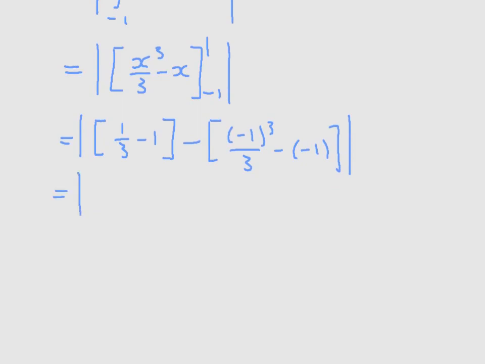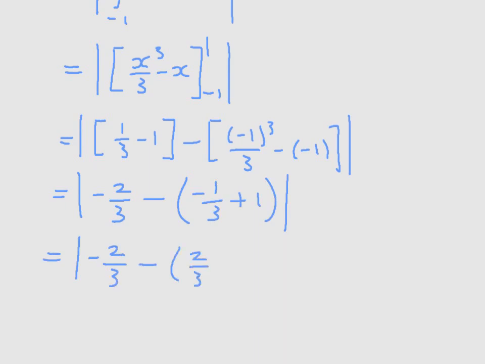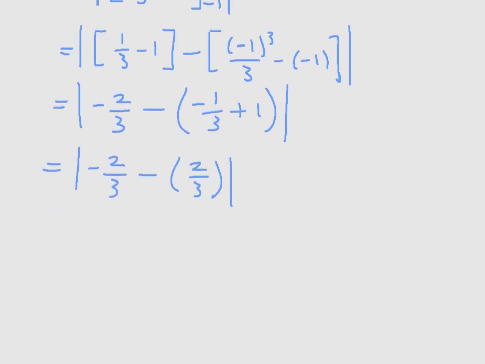This now leads us to the absolute value of this first bracket here, which leads us to 1/3 minus 1, which is negative 2/3, minus negative 1/3 in parentheses plus 1. This leads us to the absolute value of negative 2/3 minus 2/3, which leads us to the absolute value of negative 4/3.